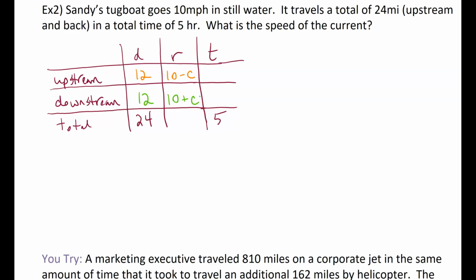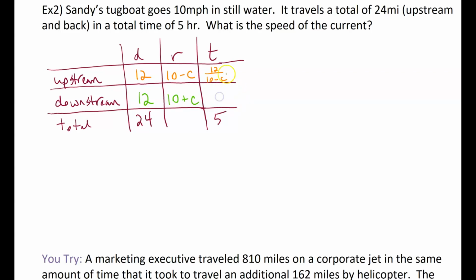Okay, so again, we have the situation where we know the total time, and so we can create this equation over here. Time is distance, which is 12 divided by 10 minus C. And time for this one is a distance of 12 divided by 10 plus C. Oh, I meant to do that in green.